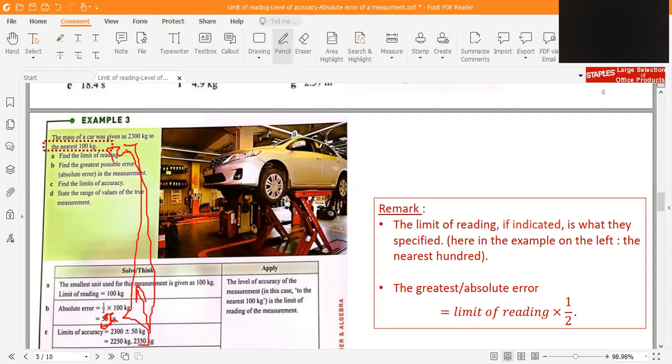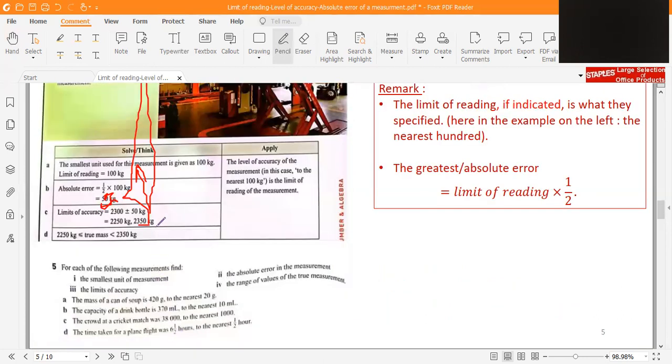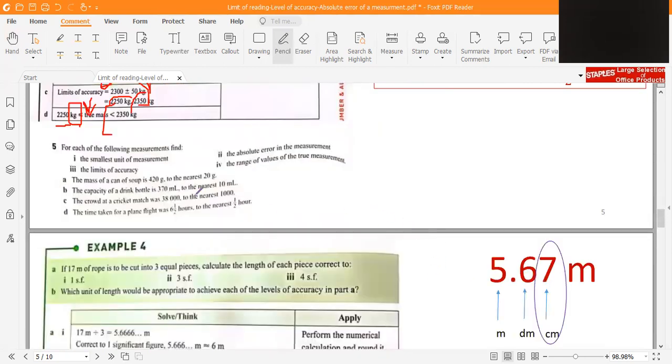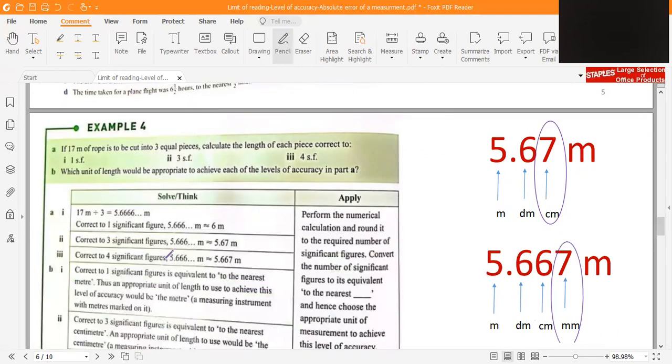Then, we can use the lower and upper limits of accuracy to obtain the range: greater than or equal to the lower limit, and strictly smaller than the upper limit. So it is very easy to use and to solve the next exercise, which is exercise 5.